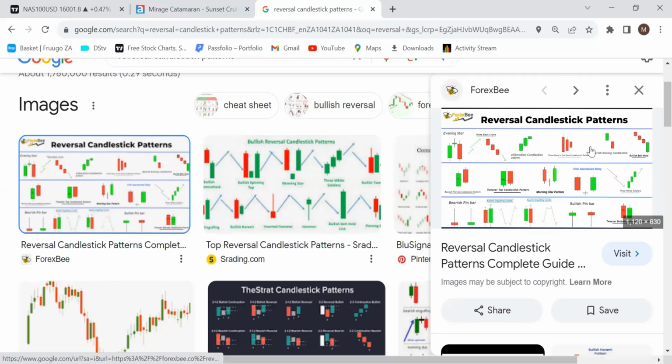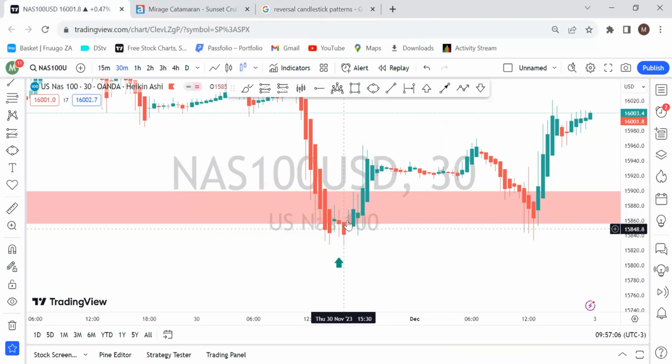Or we could compare it to, let me see. Yeah, that's what it looks like, because the pin bar is bigger on the upper side than the lower side. But then regardless of whatever it is, it's a reversal candlestick, so we would have paid attention right after that.